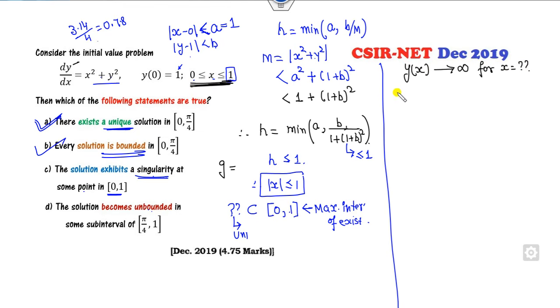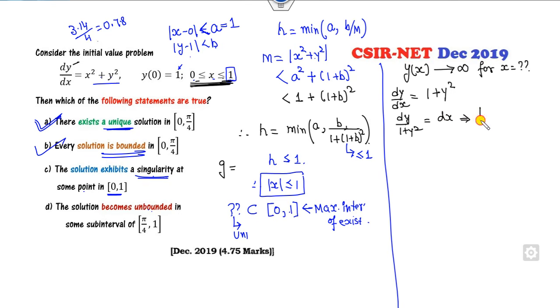If I simply take dy over dx, and choose any number in this interval, I have to integrate it also. So if I choose x as 1, then it will be easy for me. You can integrate it because it's a tan inverse. So if I integrate, dy over 1 plus y square is dx.